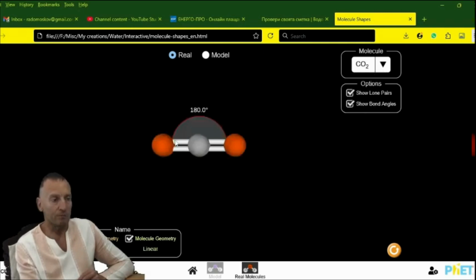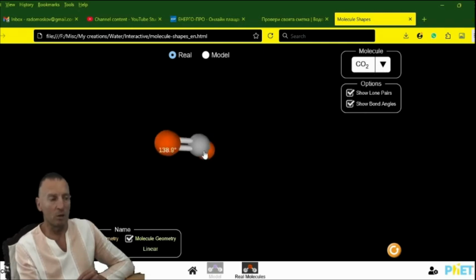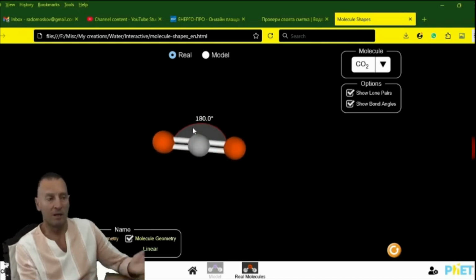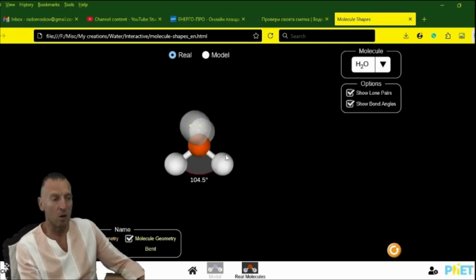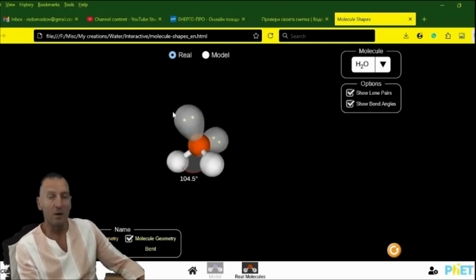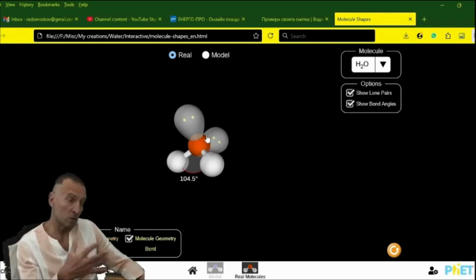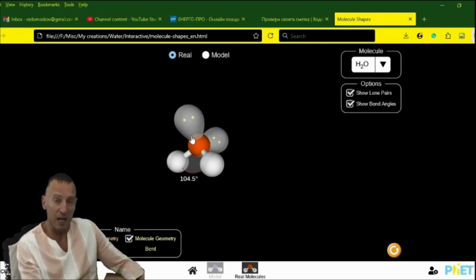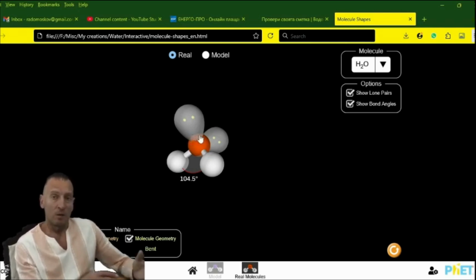Nothing pushes this molecule down, the carbon dioxide, because there are no free electrons, no lone pairs. You see, no lone pairs. Here we've got two lone pairs, and because of that, that's another reason the water is not only electronegative, but now you've got a shape of a molecule which is conducive to the molecules getting closer to each other.